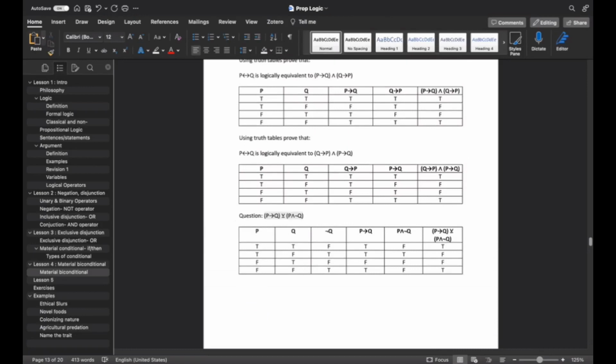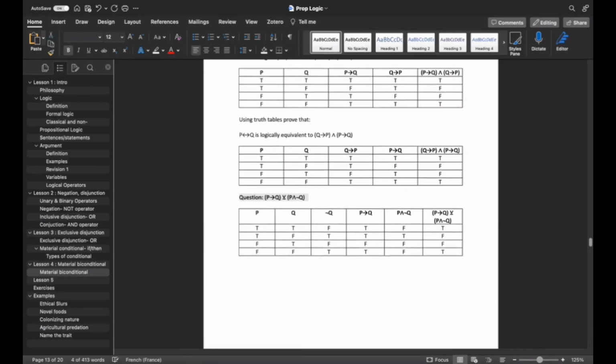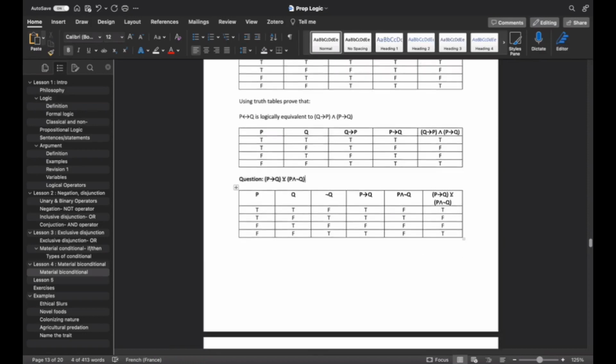And then this was the question you gave us to do: P implies Q, disjunction, P and not Q. So same again, you've got P and Q. I'm going to assume that people listening now just know how to draw out the truth table for the first two columns.